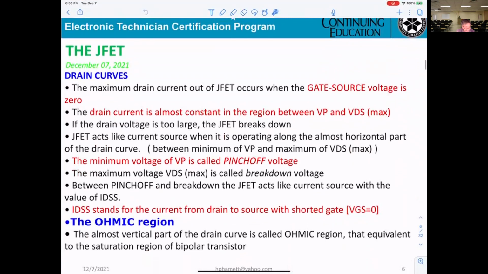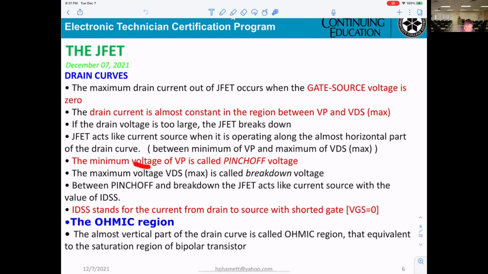Next, the JFET acts like a current source when it is operating along the almost horizontal path of the drain current, between the minimum of VP and the maximum of VDS.